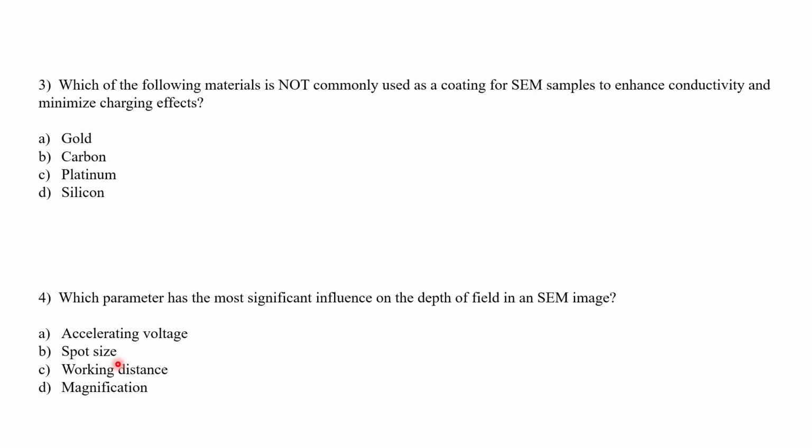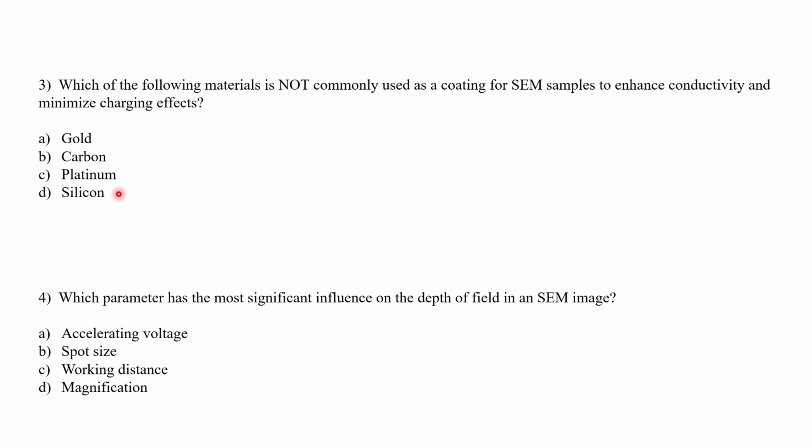So if your specimen is very charging and it is not stable, then we do some coating of the specimen to prevent the charging. So they are asking which of the following materials is not used for coating in the SEM to minimize the charging and to enhance the conductivity. Gold is conducting, we can use platinum. Platinum is also conducting, carbon is also conducting.